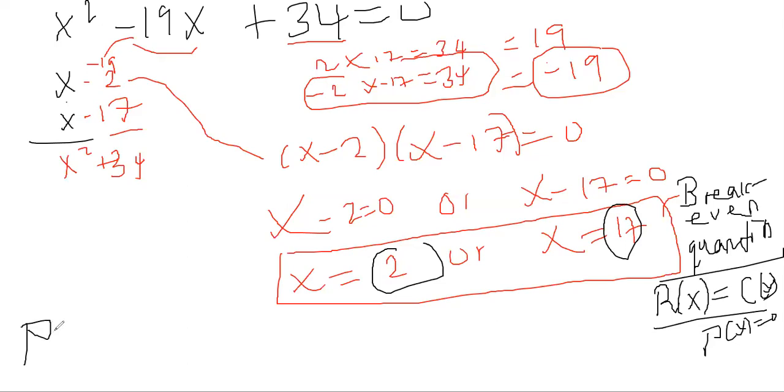This is our original profit function, P of x, equals minus 2.5 x raised to the power of 2.